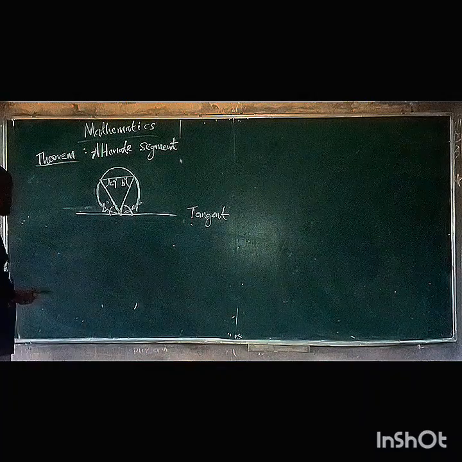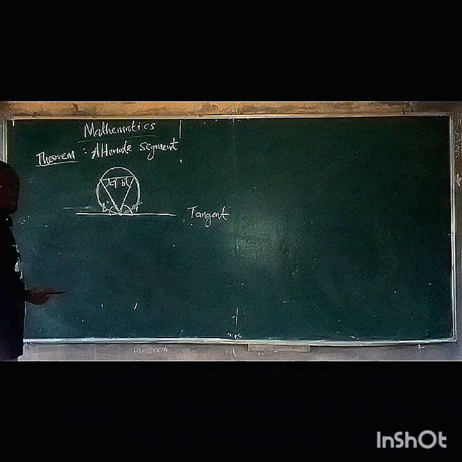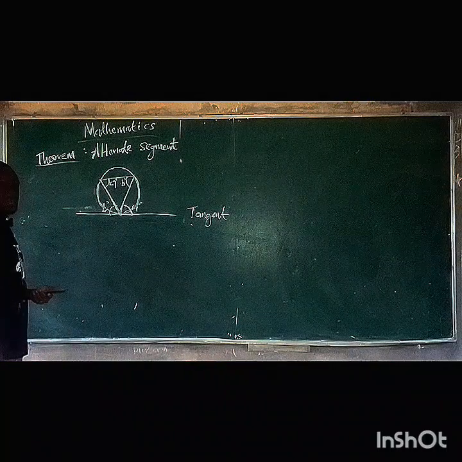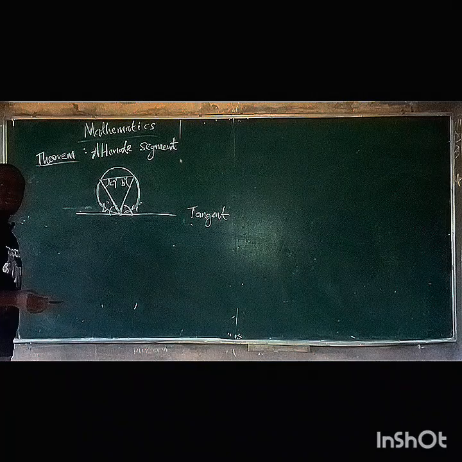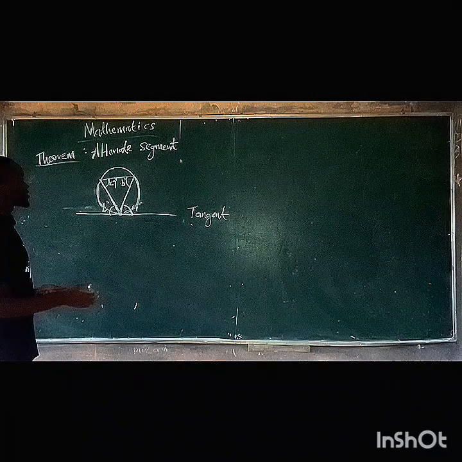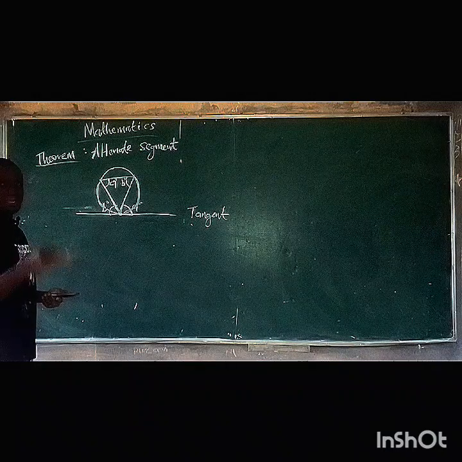From the point of the tangent, two different segments were created. According to the theorem, the two opposite segments created by a tangent are alternate.